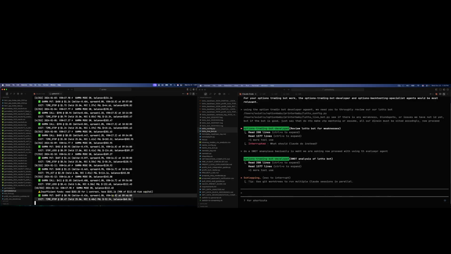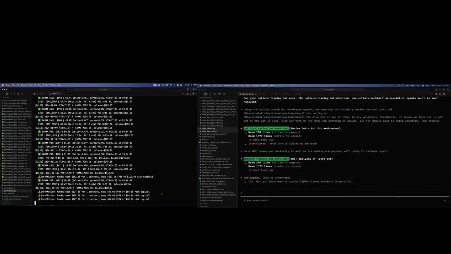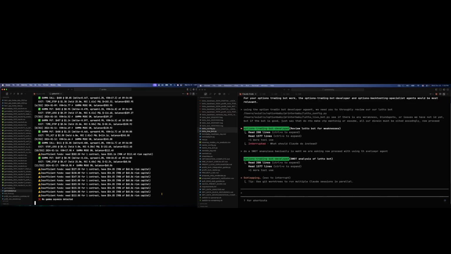We're at $60. Let's see if it survived. 17 days in. I think that 16 threshold or 15 threshold is just a little bit too loose.